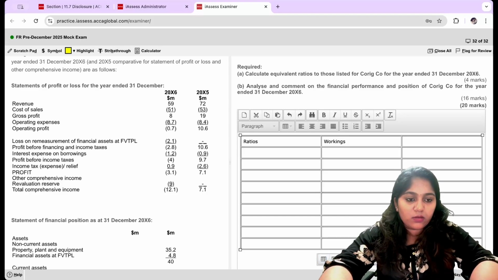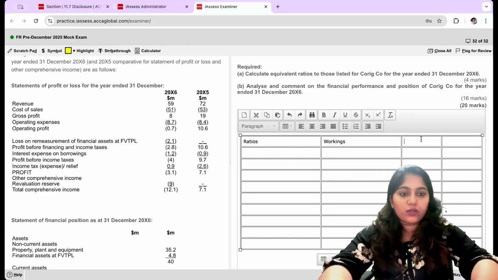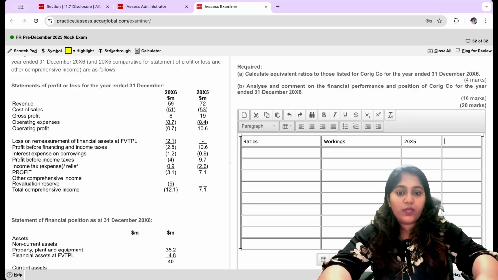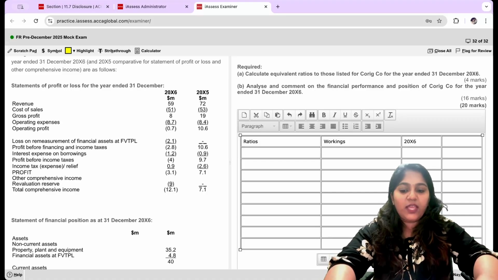You can also include 20x5. We will calculate 20x6.